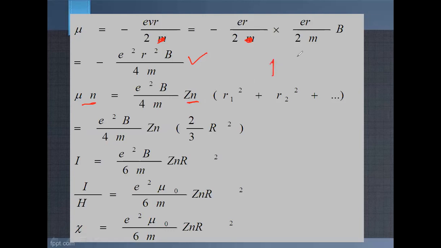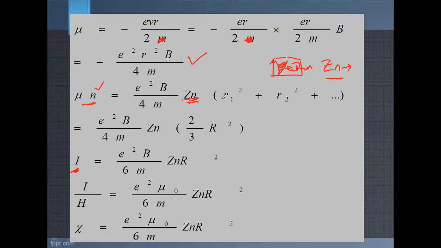Suppose you are discussing the complete material. There are N number of atoms. Z is the atomic number, single atom. So Zn tells you the total. It applies the magnetic moment for all atoms. So I multiplied with Zn, but on the left side only N. What is mu into N? Mu into N gives the intensity of the magnetic field. So magnetic moment into the number of atoms gives the intensity.